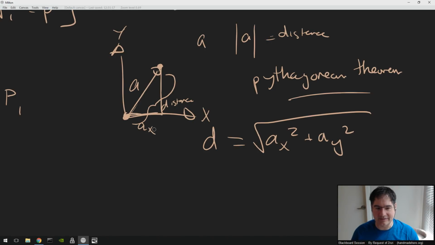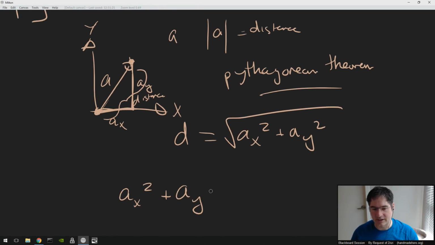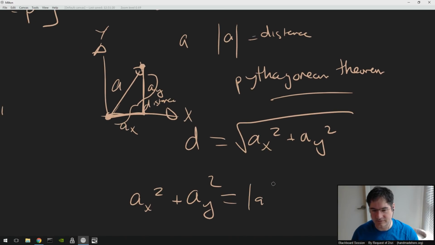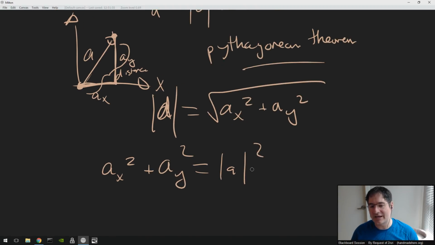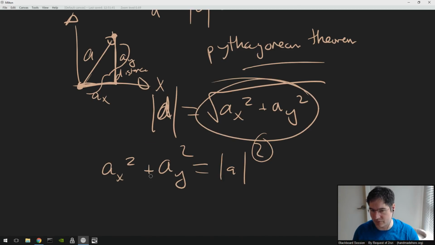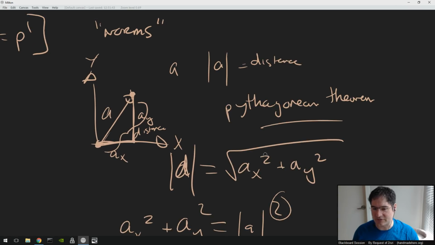We know that ax is this. We know that ay is this. We know the Pythagorean theorem says that ax squared plus ay squared equals whatever you want to call it, length of A squared. There you go. So if I want to know my length of A, let me write that as length of A. If I want to know my length of A, we square root this term here, and we get the familiar equation that everyone knows for the length of a vector.